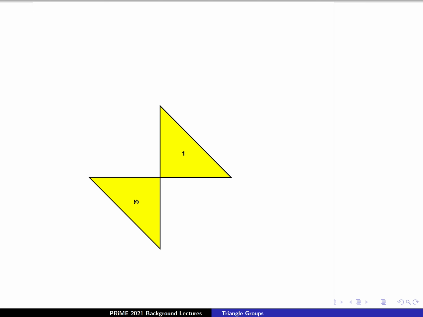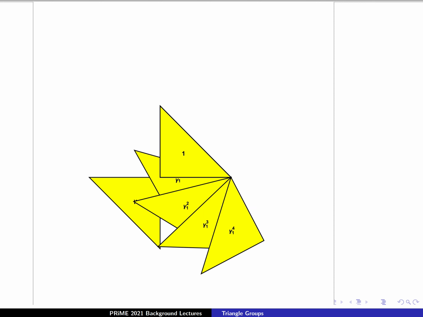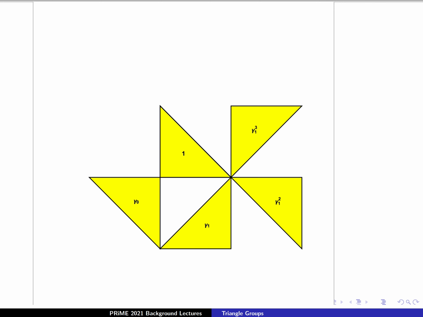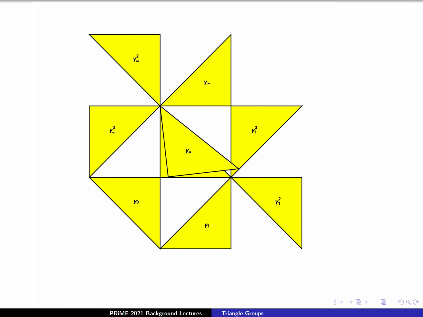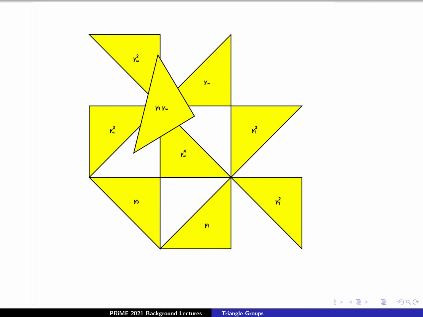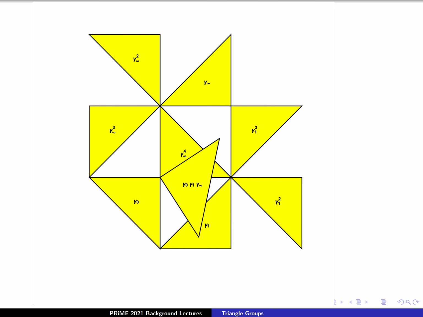Around Q, we'll rotate by 90 degrees. And around R, we will rotate by another 90 degrees. Now let's take a look at gamma 0, circle gamma 1, circle gamma infinity to get back to where we started from. So this here is really just a way to check that there is a geometric interpretation of the various identities we have in our triangle group.